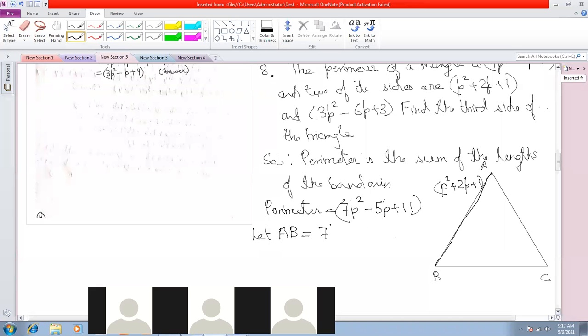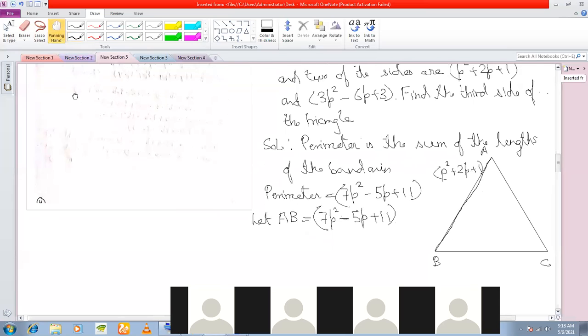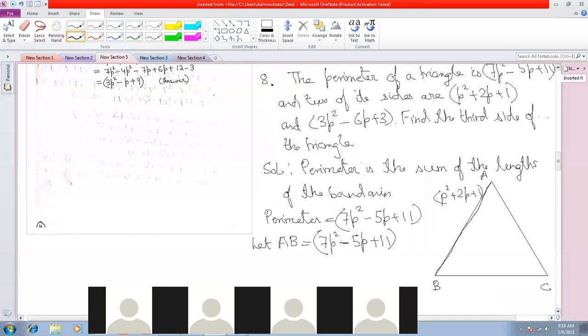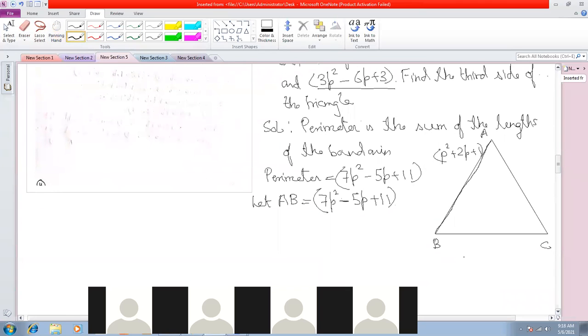You have done it in class 7. So let AB be the side 7p square minus 5p plus 11, and let BC be equal to 3p square minus 6p plus 3.